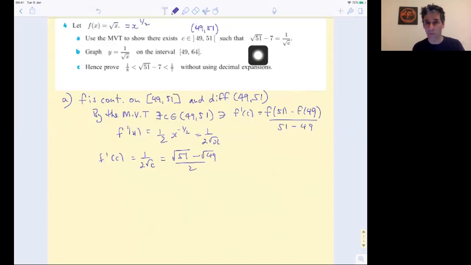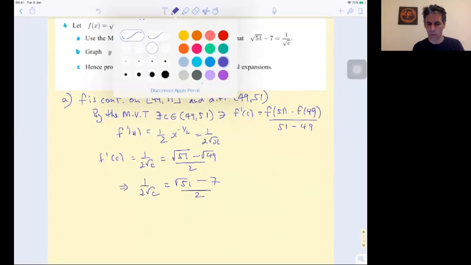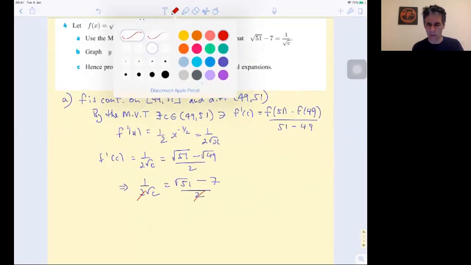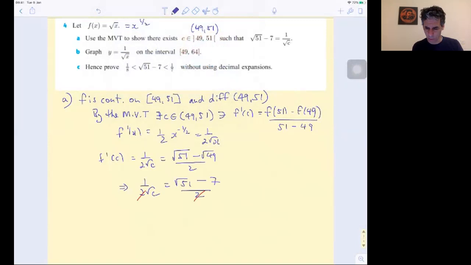Well, there's a square root of 51 in what we're supposed to be showing. Square root 49 is 7, so we're getting pretty close. If we just rewrite this as 1 over 2 root c equals root 51 minus 7 over 2, and then, of course, there's a half on both sides, so we can just cancel that out, and you see what we've got now is the result we were supposed to show, that 1 over the square root of c is root 51 minus 7.